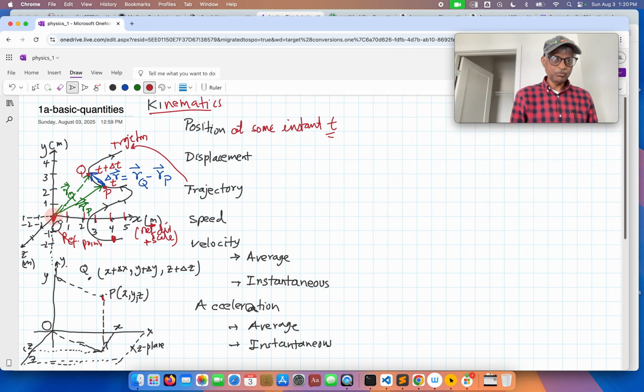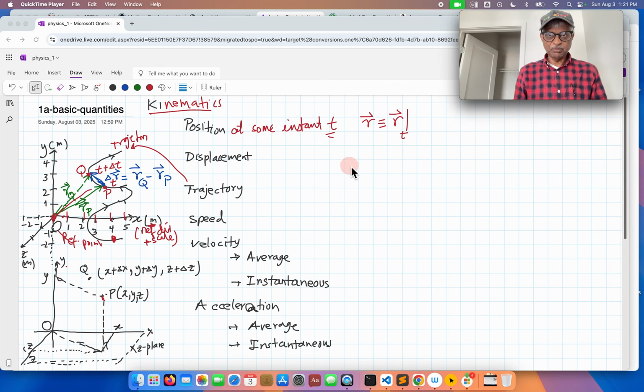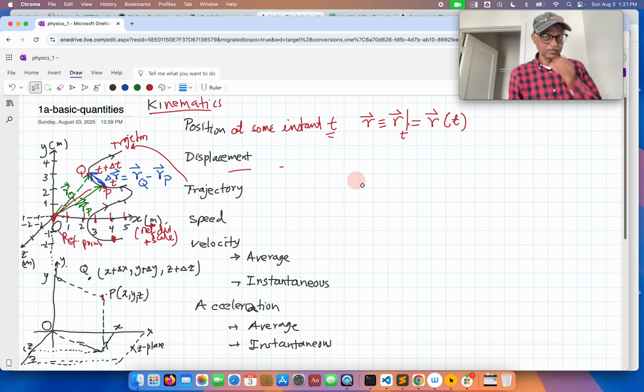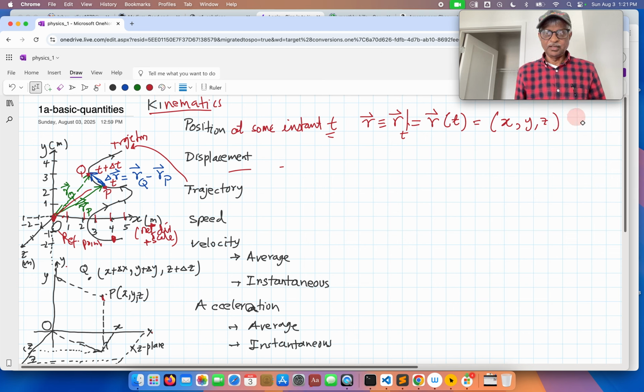Some other time I'm going to write it in a different notation, and some other time I'm going to write this as a collection of 3 coordinates, like x, y, and z. So I'm going to write x, y, z, and sometimes you're going to write this x as a function of t, y as a function of t, and z as a function of t.